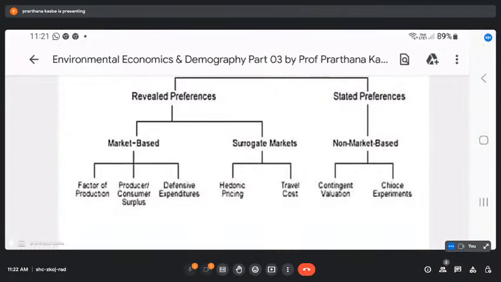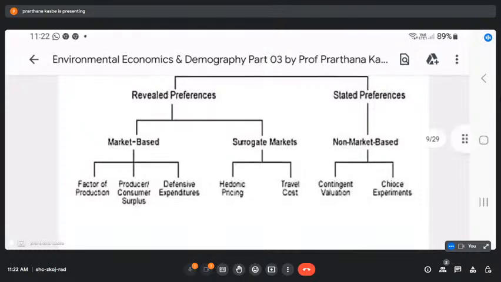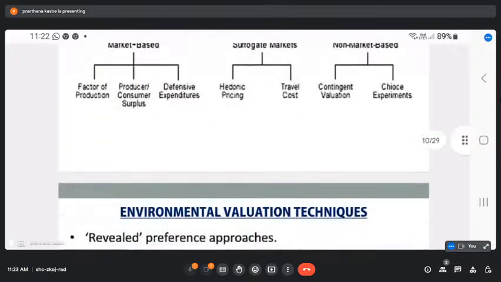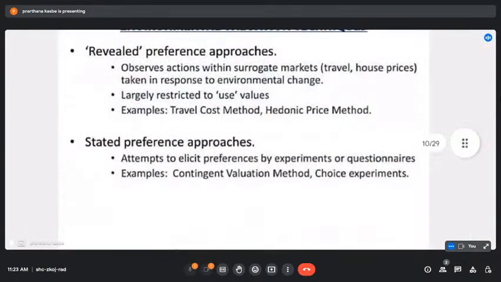In the surrogate markets, there are hedonic pricing and travel cost. Another part is stated preference, which is non-market based, for example, contingent valuation and choice experiments. We will discuss them one by one.